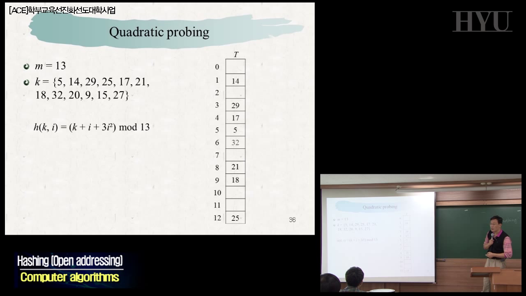Then 32 is stored without collision, and 20 is stored without collision. And then 9, this is a collision. Then we check 1, 2, 3, 4, so it is stored here.